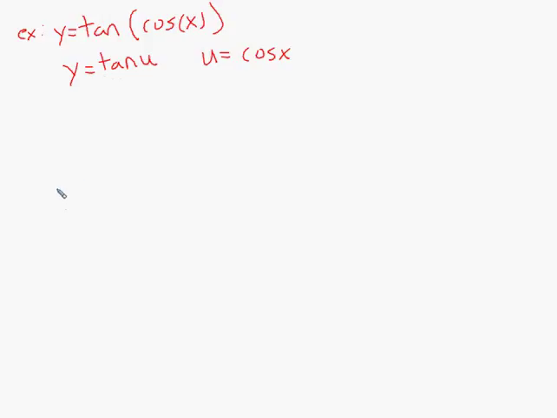Alright, let's say I have the tangent of cosine of x. What would you let u equal? Cosine x. U is the innermost thing, the thing that makes it complicated. Then y equals tan of u. Now what do we do?